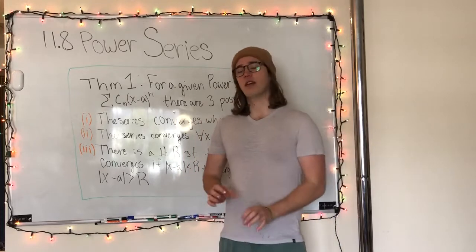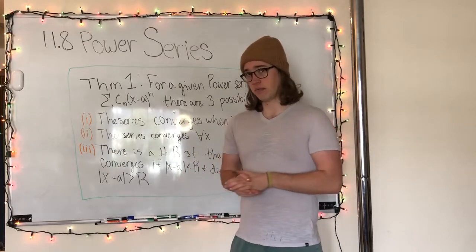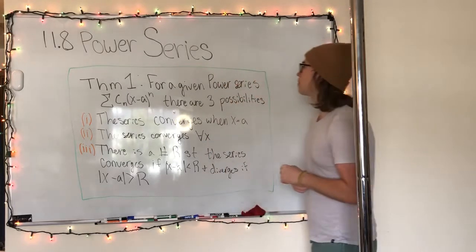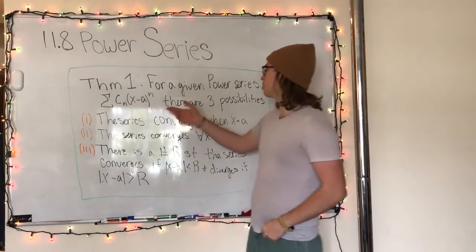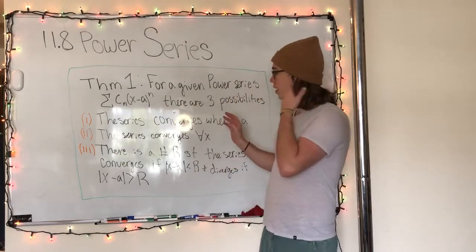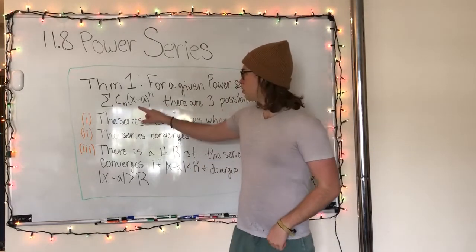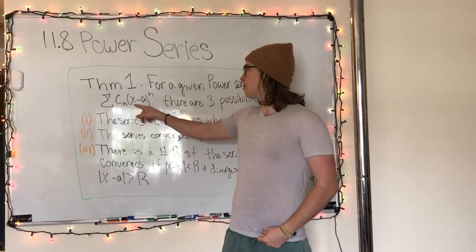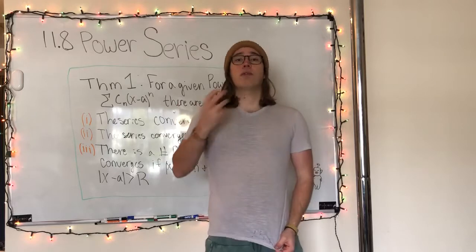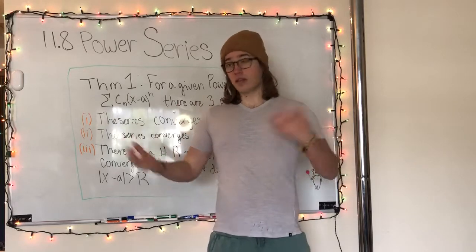It can be another portion of a series, maybe square root n or 1 over the square root n. Well, if we have a given power series, there are 3 possibilities. The series either converges when x equals a. And so that would make immediate sense, right? Because if x equals a, well, a minus a is 0. Then we just sum up a bunch of zeros and it sums to 0.